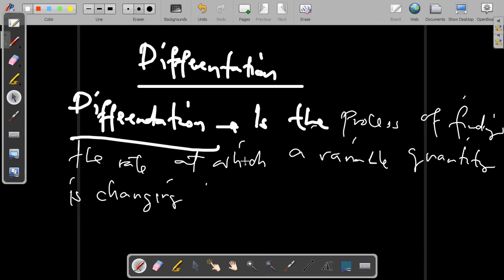One thing you need to understand here is that differentiation is concerned with the determination of the rate of change in the dependent variable for a given small change in the independent variable.